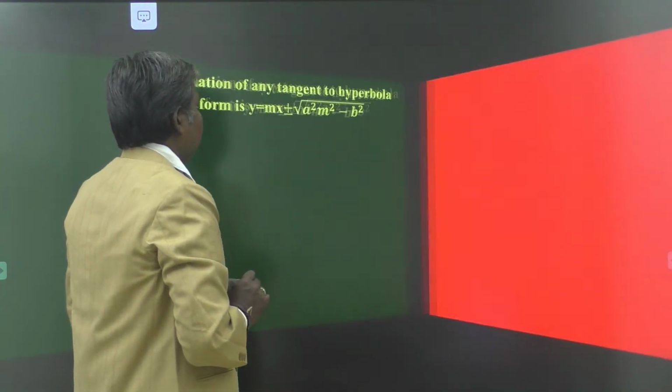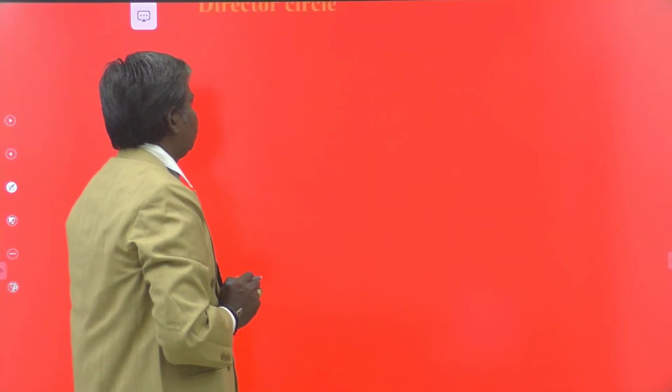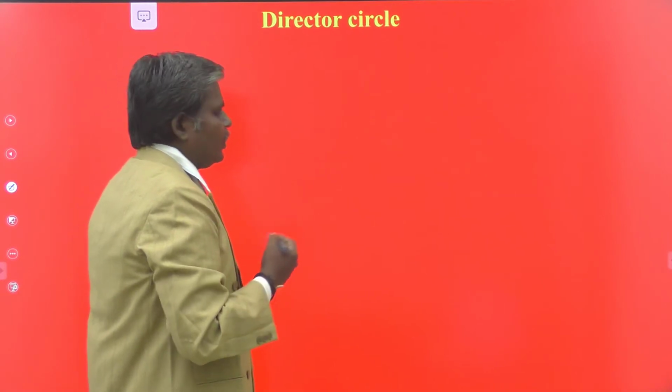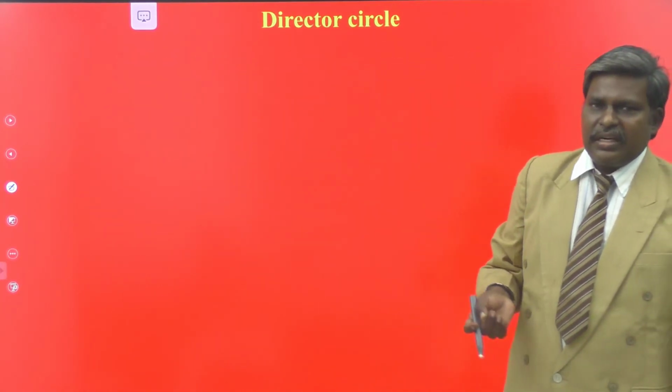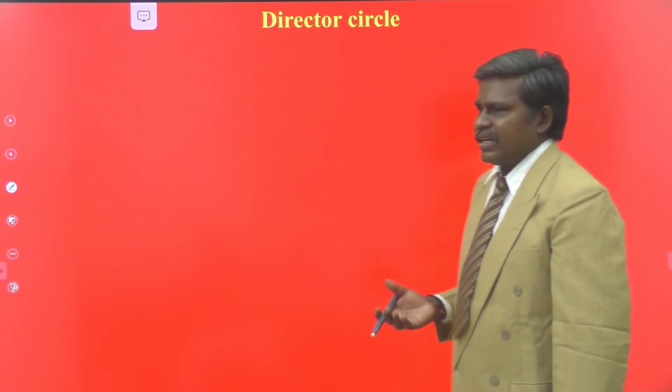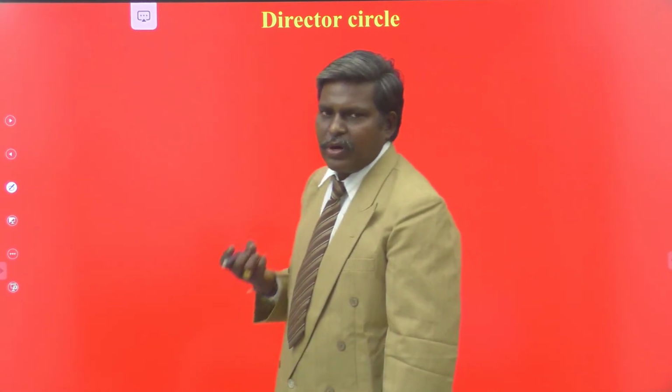Next. Director circle. We know the definition of the director circle in the ellipse chapter. The same definition is also here. Director circle means the locus of point of intersection of perpendicular tangents to the ellipse.